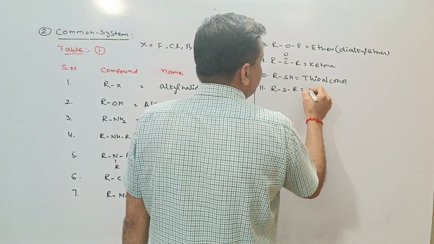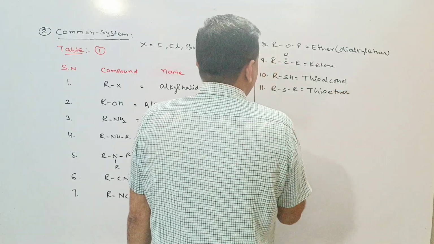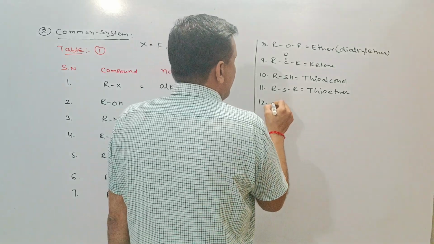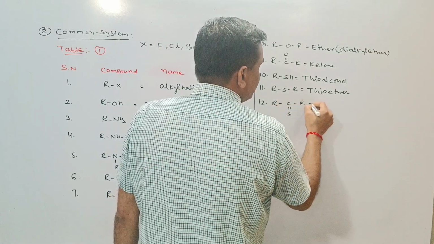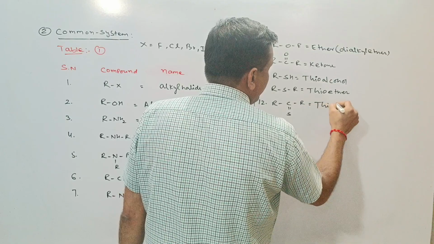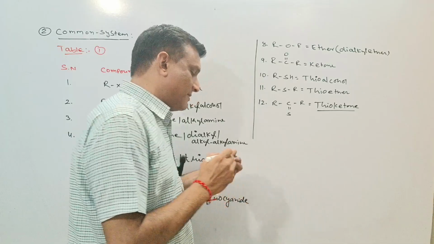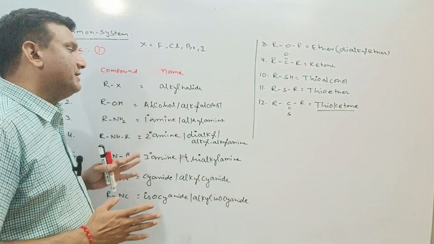This is called thioether. And further, it is RCR with a double bond S. Then it is called thioketone. So this was about the first table, which we have to discuss deeply.